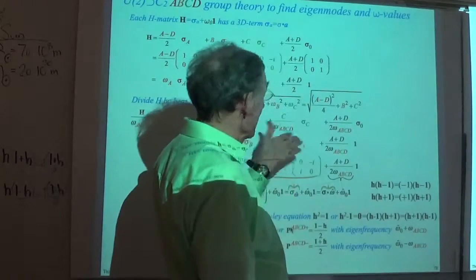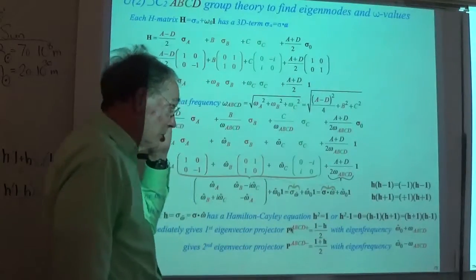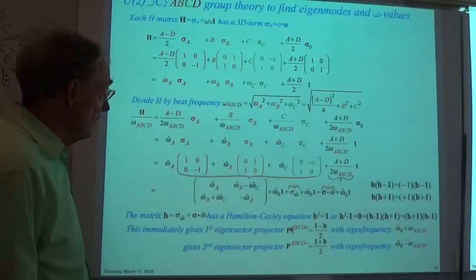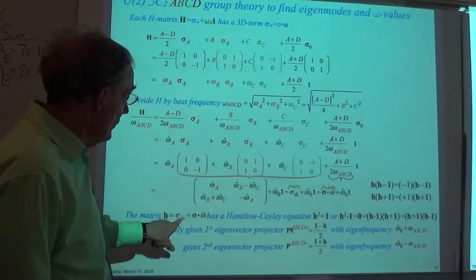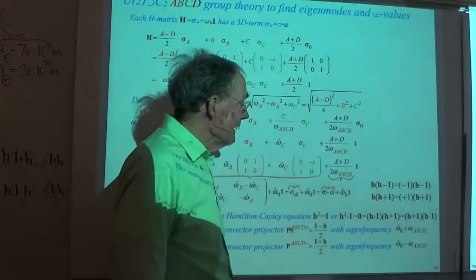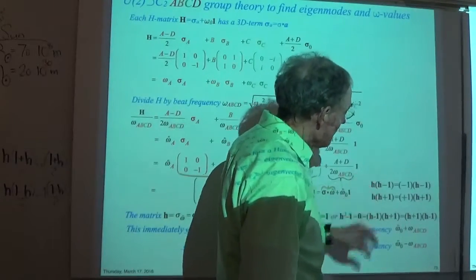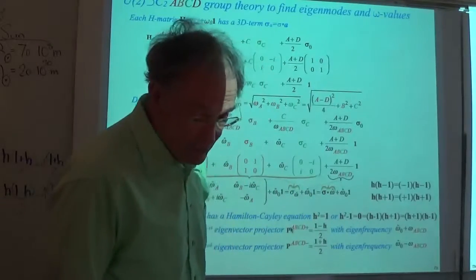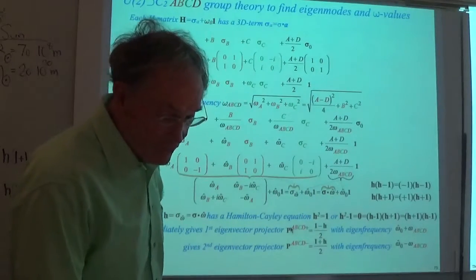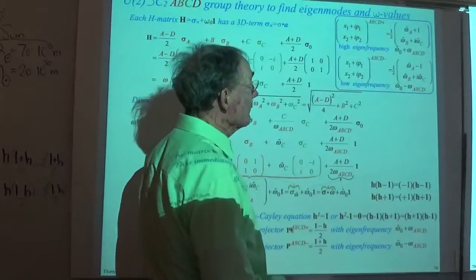We already knew that's all we're going to get up here. We divided it out so that we got unit values for this particular sigma with a hat, omega with a hat. Okay, so that's the key to this right there. That you have the projector sort of just in a place where they can give you the actual eigenvectors.